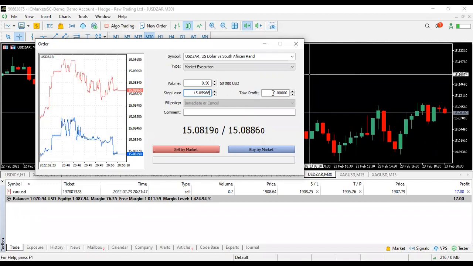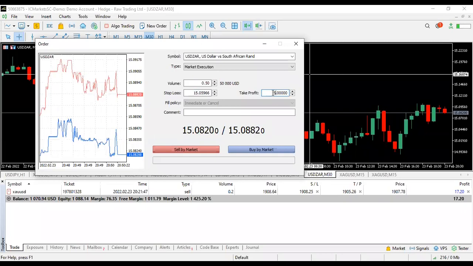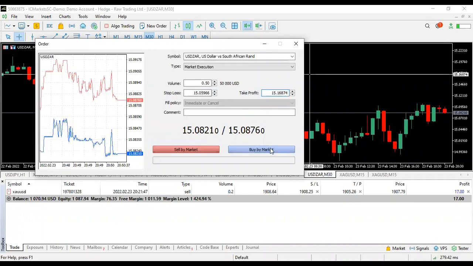I'm just making an example. On top here it's going to be 515.16874. After we are done, the volume is set, your stop loss is set, your take profit is set. Now you can place buy.